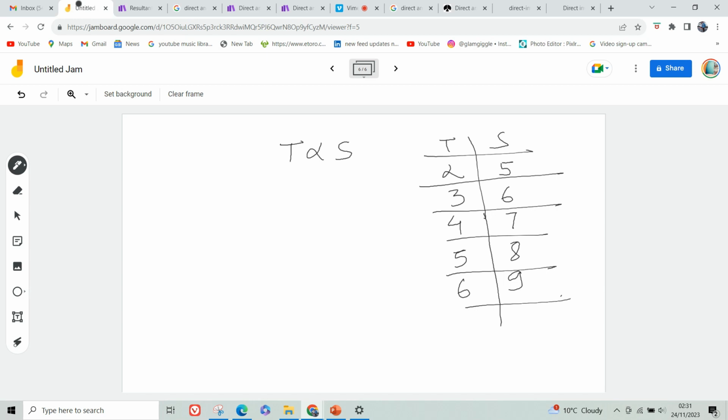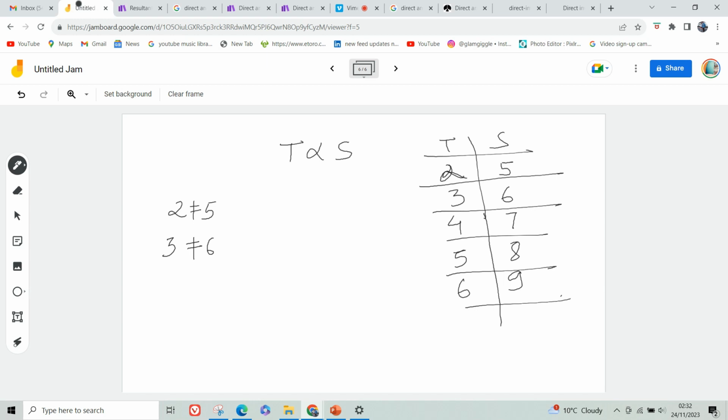Now if you see, this value is not equal, meaning 2 is not equal to 5, and 3 is not equal to 6.